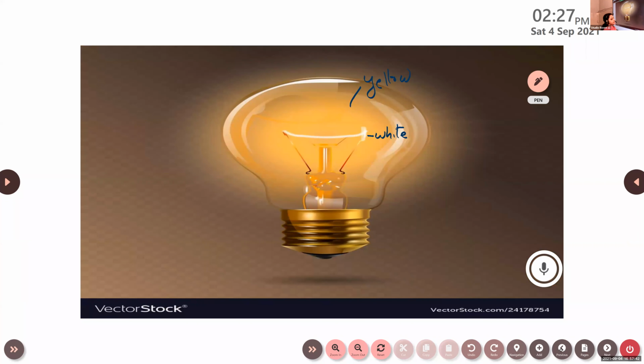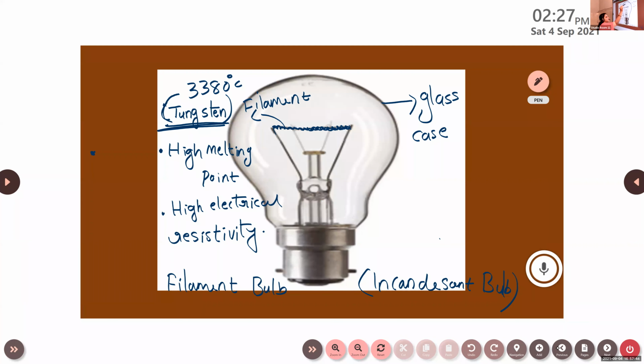Again, inside this glass case, you can see some vacant spaces, some vacuum spaces. These empty spaces inside the glass bulb of the filament bulb are filled with gases like nitrogen or argon.